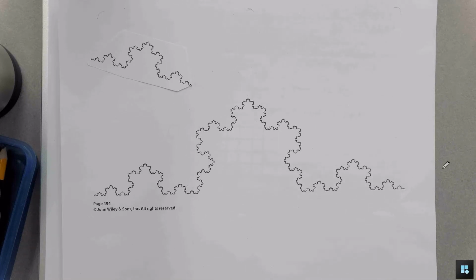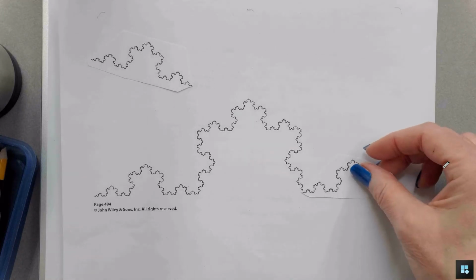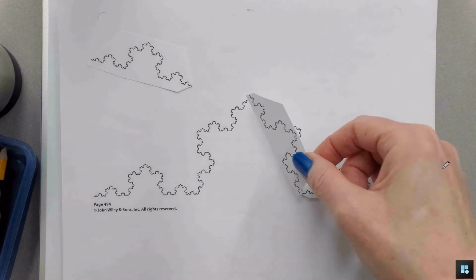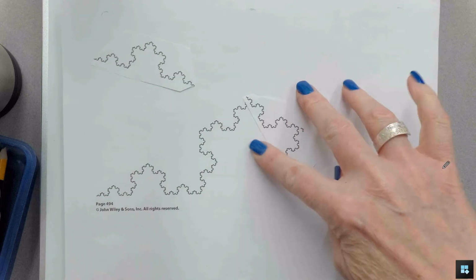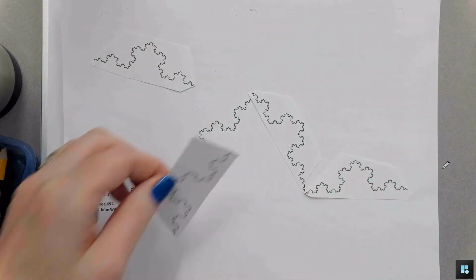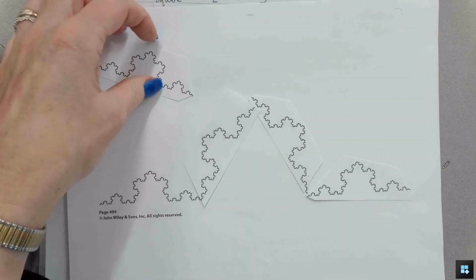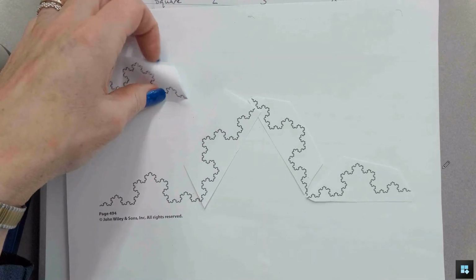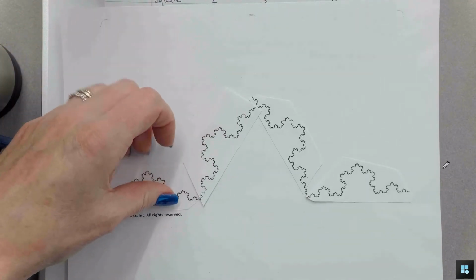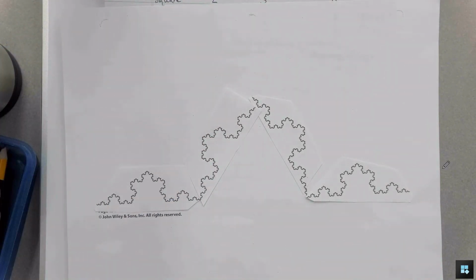Yes, 4. Good. So I actually have 4. Okay, so we need 4 copies of this smaller Koch curve to make the large Koch curve. Now, how much bigger is the large Koch curve than the small Koch curve? Is it twice as big, 3 times as big, 4 times as big?